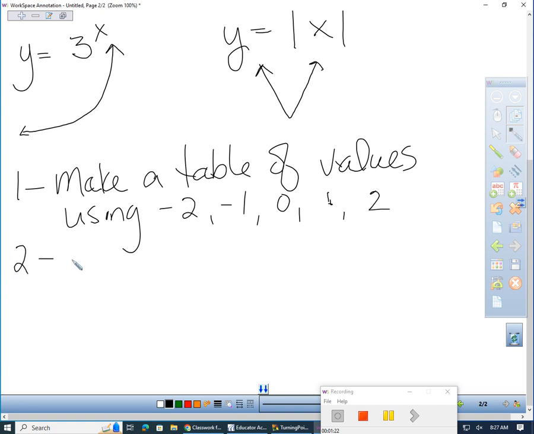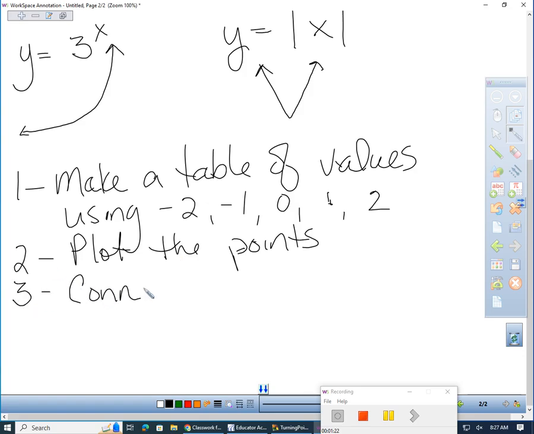Step 2, plot the points. Step 3, connect the dots. So now if it's a real life situation, it's going to be a little bit different, but we're going to start with not using a real life example, okay?